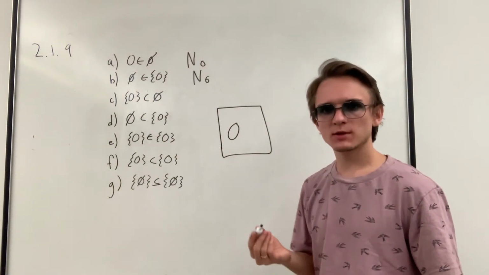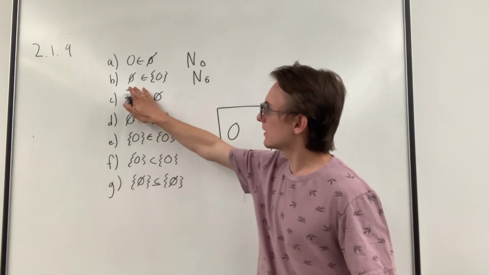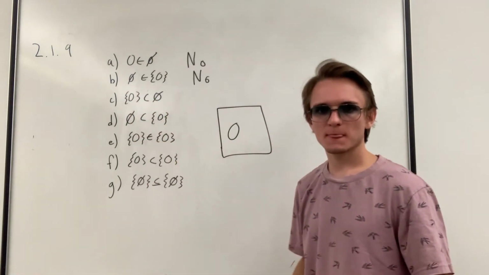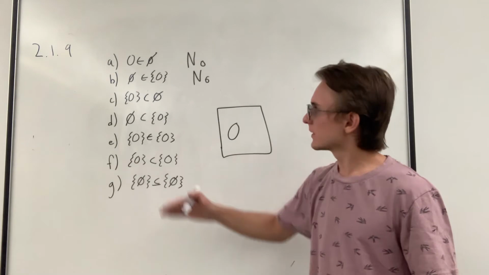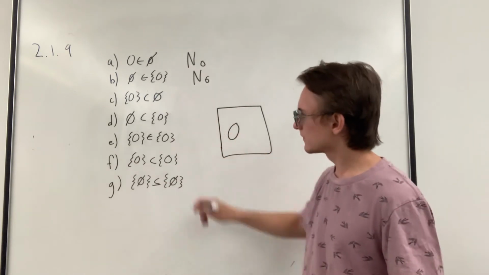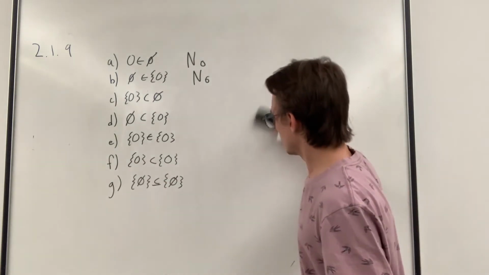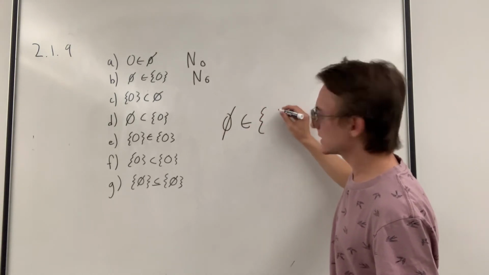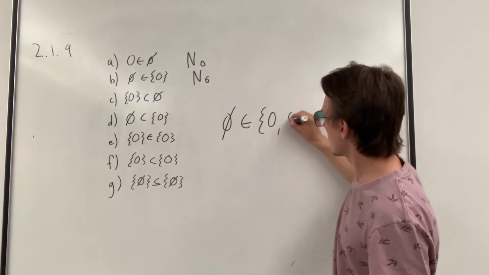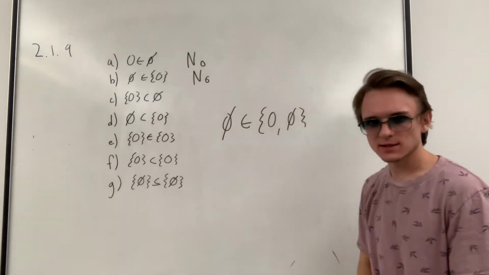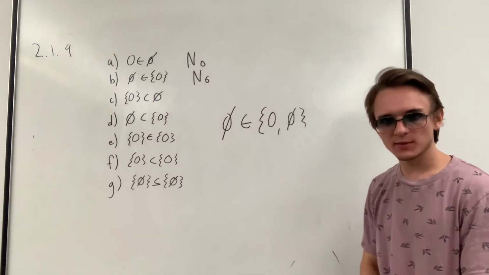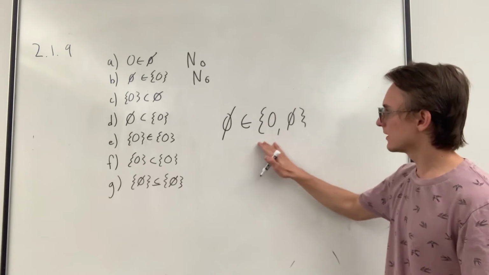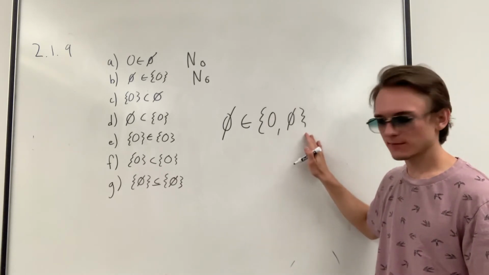So that's why we would not say that the empty set is in the set that contains 0. Now, if instead we had the empty set in the set that contains 0 or the empty set, then yes, the empty set would be an element, it would be in this set on the right.